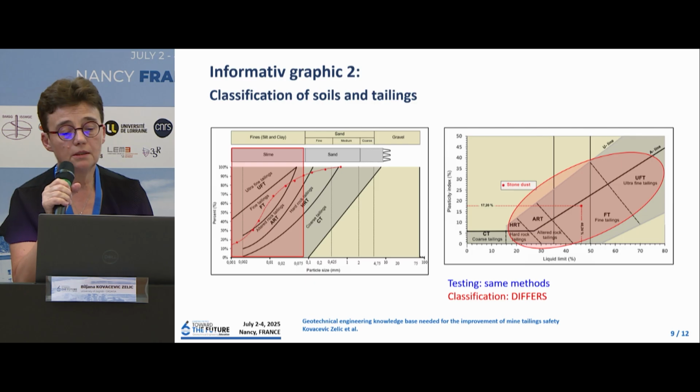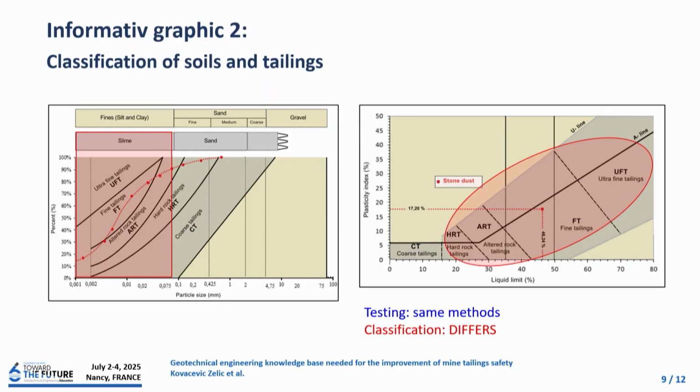The next one is related to the classification of soils and tailings, and what we can see is that in tailings engineering they are using the same methods. So they will get grain size curves, and they will obtain Atterberg limits.